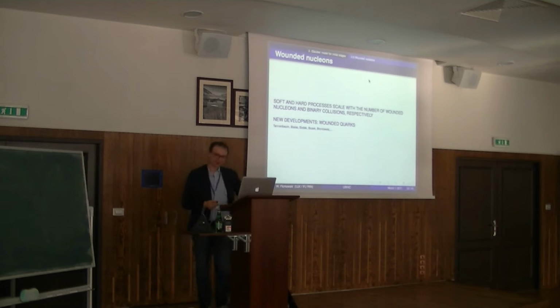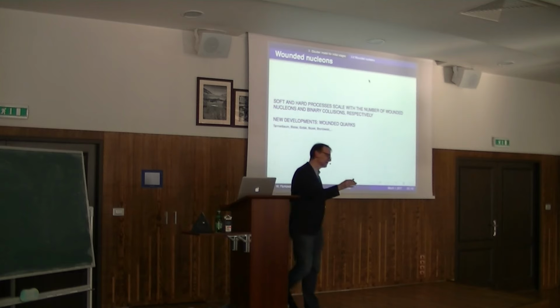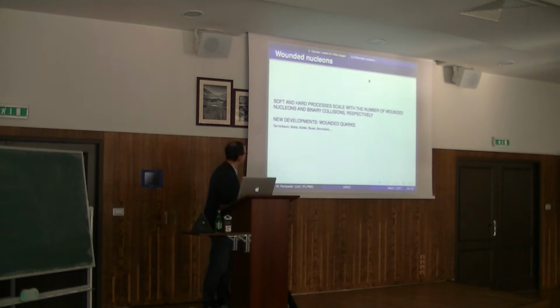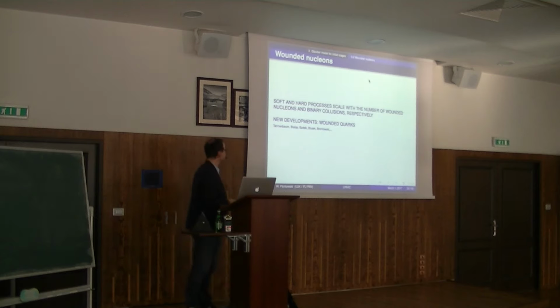So there were some ideas that the particle production is proportional to some linear combination of the number of wounded nucleons and binary collisions. Quite recently there are new developments suggesting one should use wounded quarks, and then the production of particles scales with the number of wounded quarks.